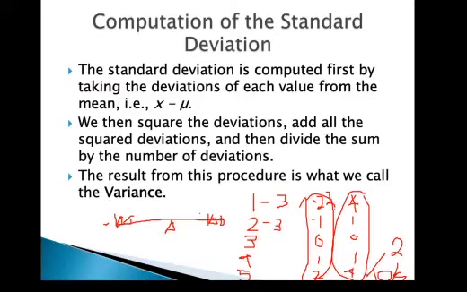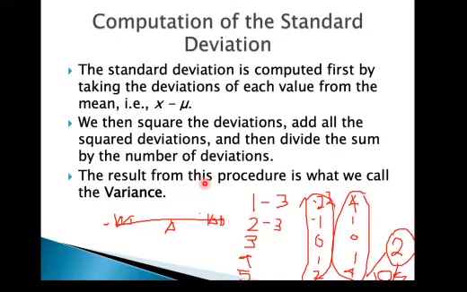So when we divide the sum of the squared deviations from the mean by n, we have the average squared deviation from the mean equal to 2. This 2 is what we call the variance.